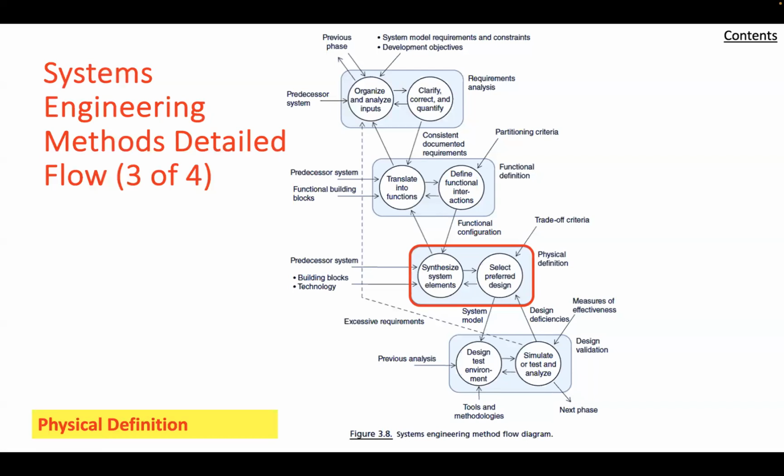Next, we get into the physical definition, dealing with synthesis or physical analysis and allocation. This physical definition is a transition of the functional design into hardware and software components and the integration of these components into the total system. In the concept development stage, where all design is still at the functional level, it is nevertheless necessary to visualize or imagine what the physical embodiment of the concept would be like in order to help ensure that the solution will be practically realizable.